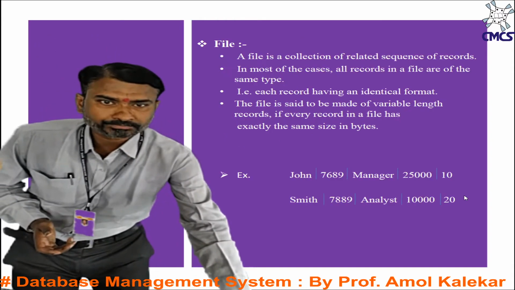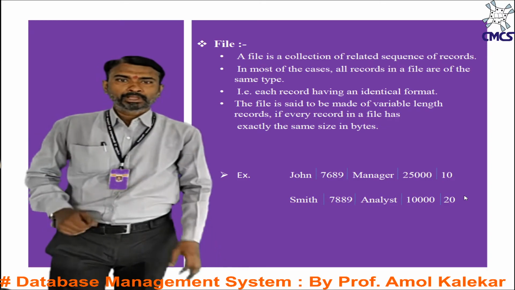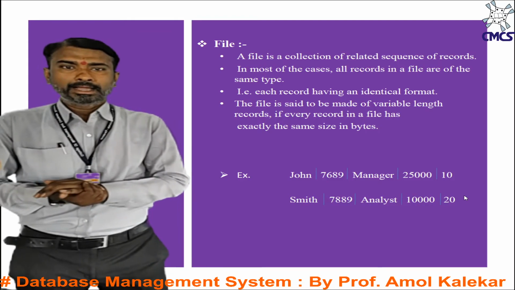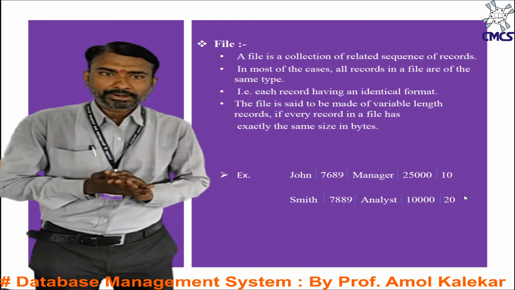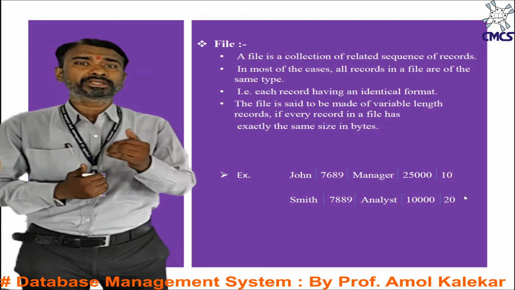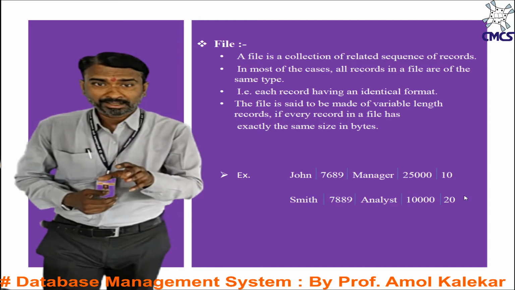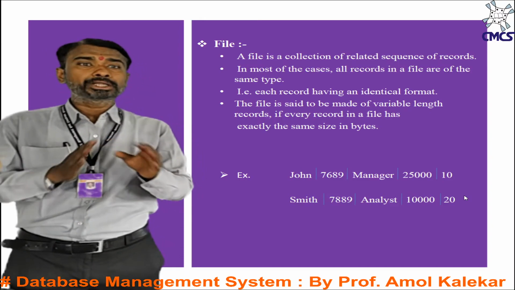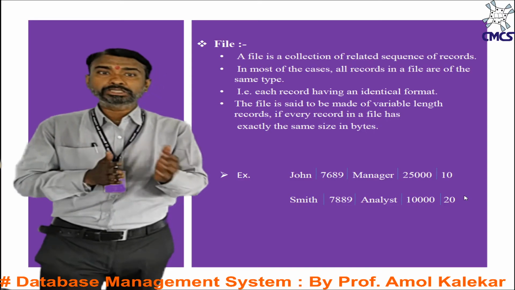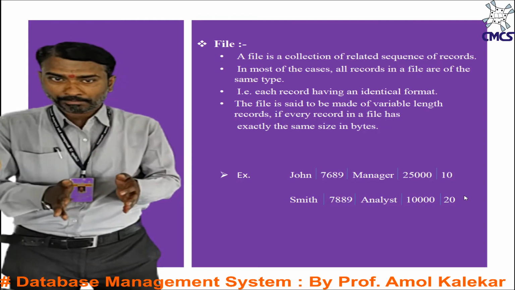Okay, now you can see over here. The next is the file. A file is a collection of related sequence of records. Means whenever we are trying to store the records, they have to be kept in a well organized manner in a file. In most cases, all the records in the file are of the same type, that is, each record has an identical format.